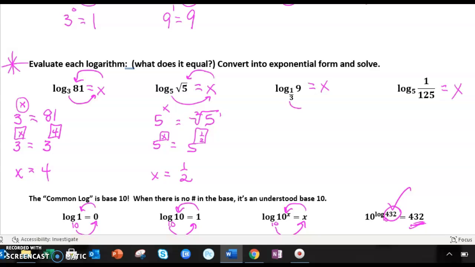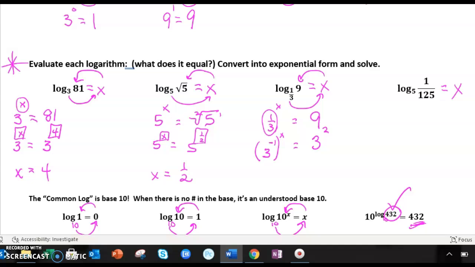Here's one more. We have 1/3 to the x power is equal to 9. We're just taking these out of log form. Let's try to get like bases. 1/3 is the same as 3 to the -1 power, and 9 is 3 squared.